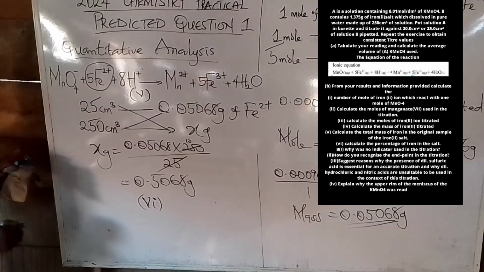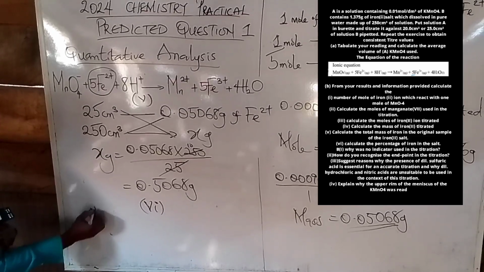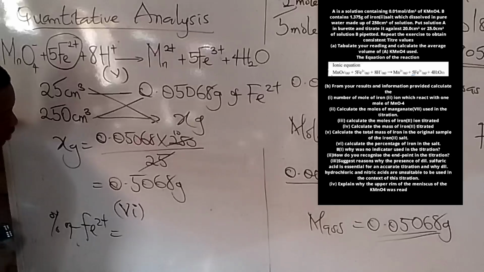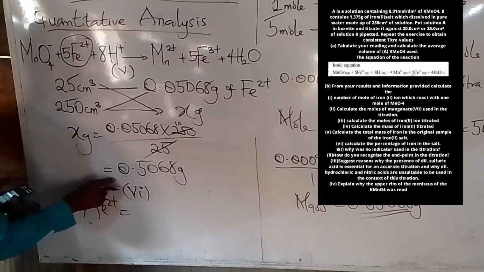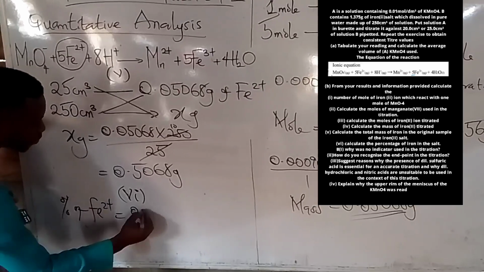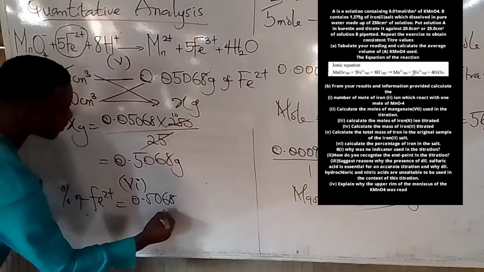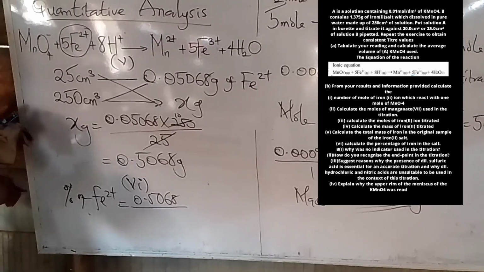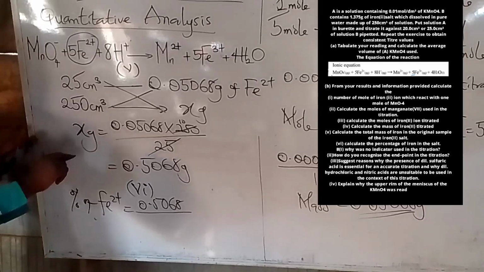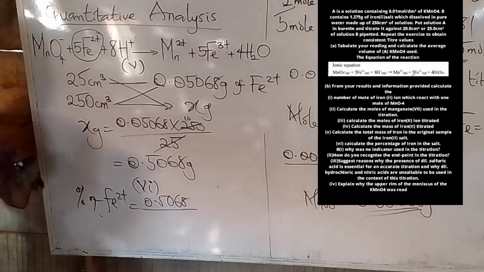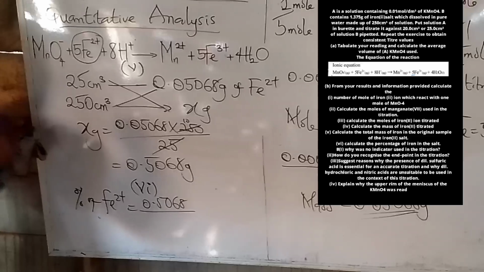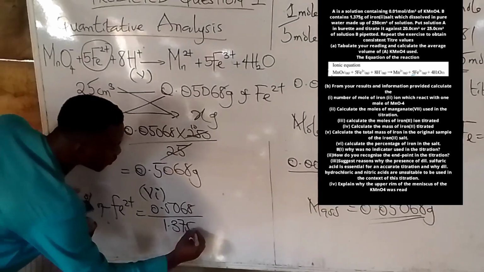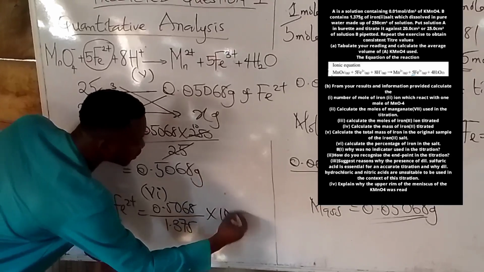If you are looking for the percentage of iron 2, how many iron 2 do we have? This is it, 0.5068, divided by, according to the question, B contains 1.375 gram, multiplied by 100%.